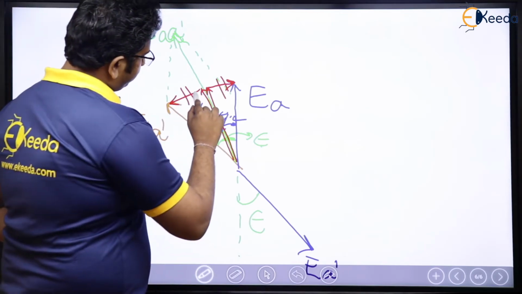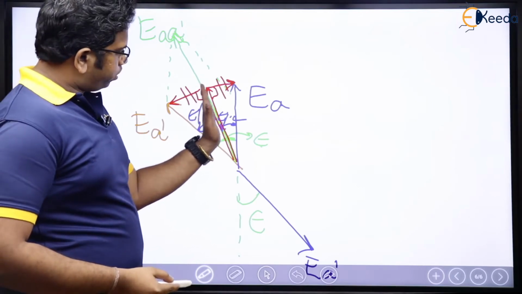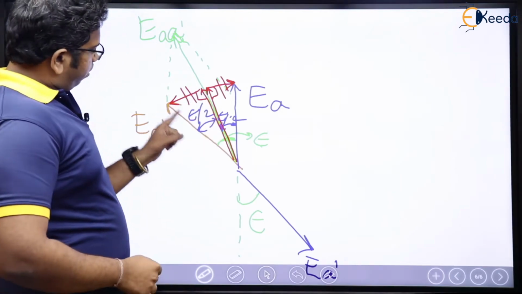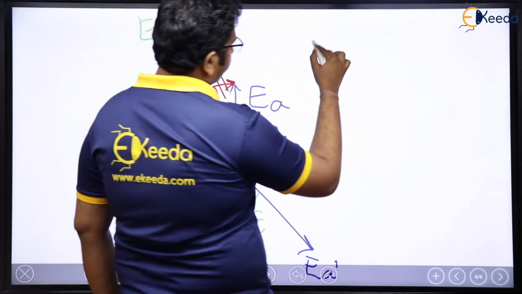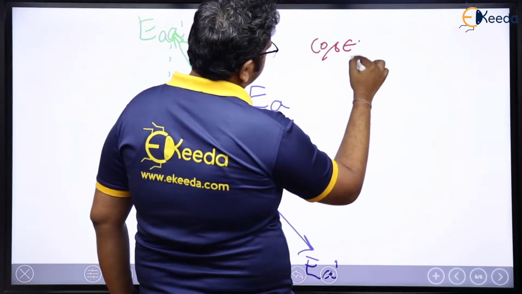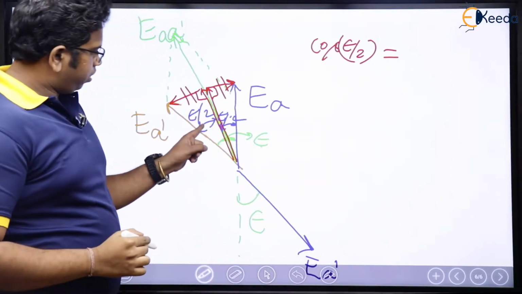What is that component? Let us say this is 90 degrees. What is this component? If I know this angle is epsilon by 2, let me apply cos epsilon by 2. If I apply cos epsilon by 2 here, what do I get?